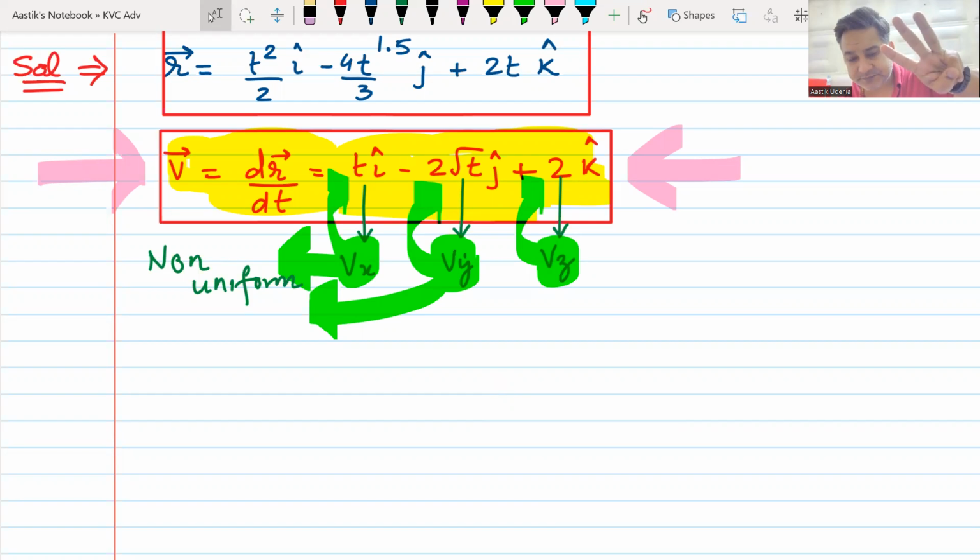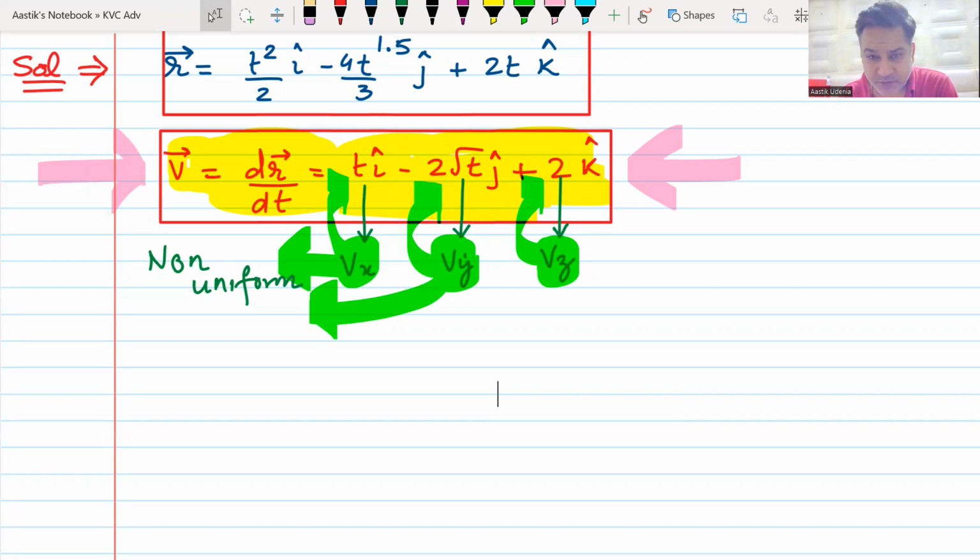Along z? The x and y components are non-uniform, but the z component is uniform. So you will have acceleration along which axis? Along z.